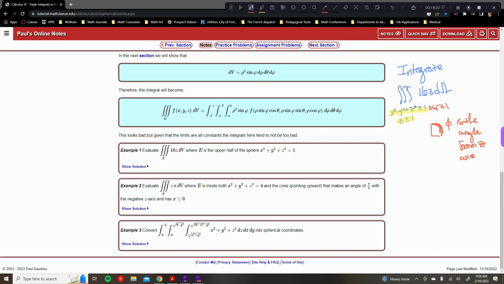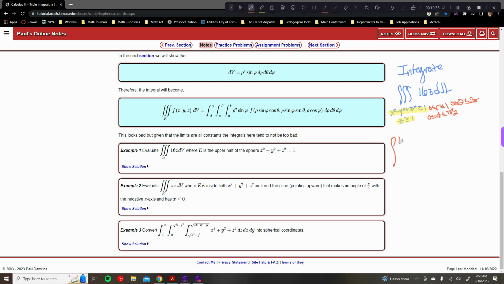So hence, for the upper half sphere, a quarter rotation is pi over 2. So phi is going to be going from 0 to pi over 2, and theta, which corresponds to my rotation in the xy plane, will be going from 0 to 2 pi, because I have a full rotation in the xy plane.